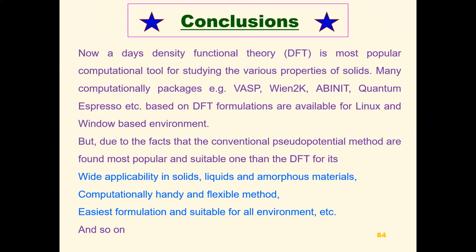Nowadays, density functional theory is the most popular computational tool for studying the various properties of solids. Many computational packages are available freely, for example VASP, WIEN2k, ABINIT, Quantum Espresso, etc. Based on DFT formulations, they are available for Linux and Windows-based environments.